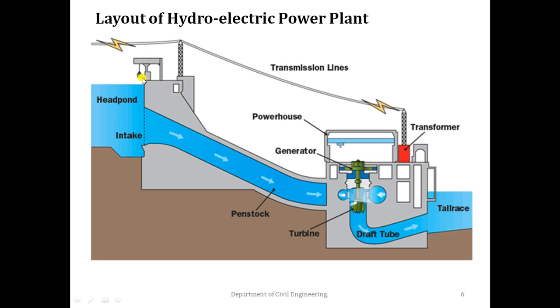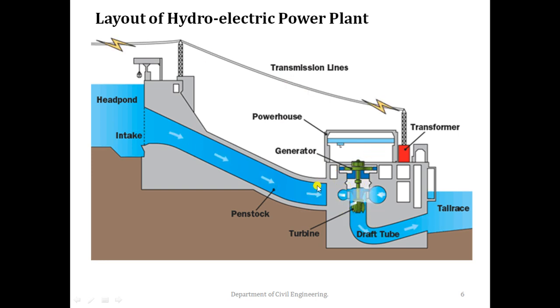This is the layout of a hydroelectric power plant. Here you can see water is being transported from the reservoir to the hydroelectric power plant through the penstock. As water works on the turbine, it is set into rotation.